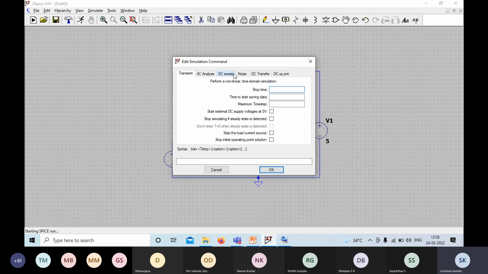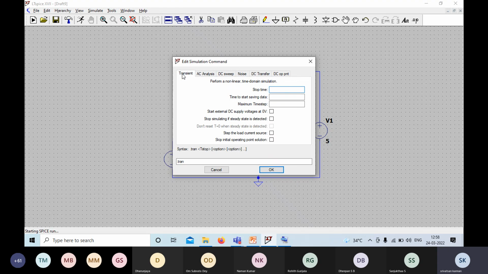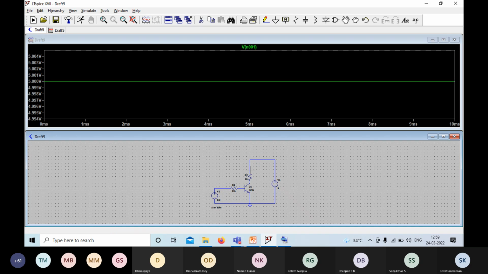Do the transient analysis. Yes, agreed. So for 0.3, for low input, output is high.